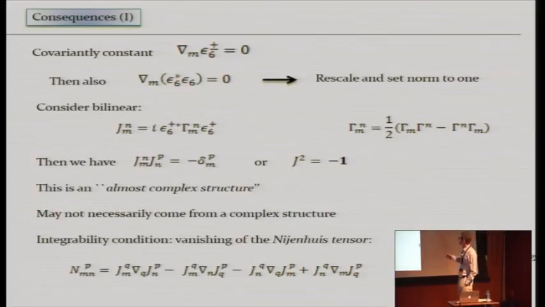And now the basic problem is that if you have two complexified tangent vectors which are in the plus i eigenspace, and you want to think of this somehow as being associated to a holomorphic coordinate system, then the Lie bracket of those two vector fields has to vanish. Okay? And that's not implied by just having an almost complex structure. So the basic problem is if I take a complexified tangent vector in the plus i eigenspace and then take another one, and then I take the Lie bracket, I should get another plus i eigenvector. And that's not necessarily the case.